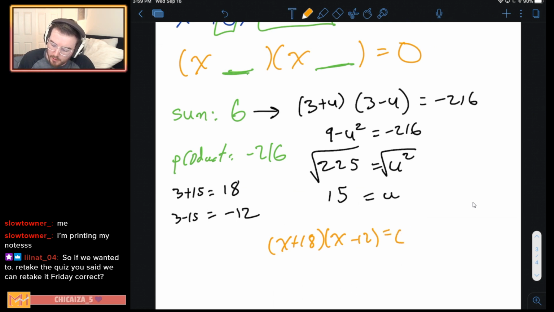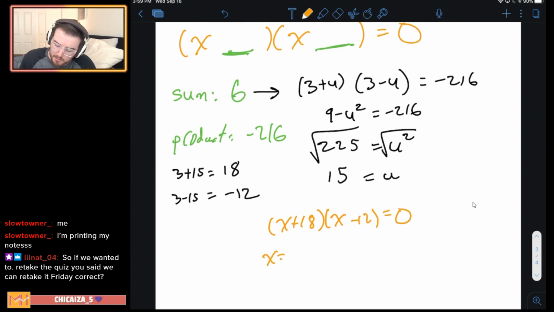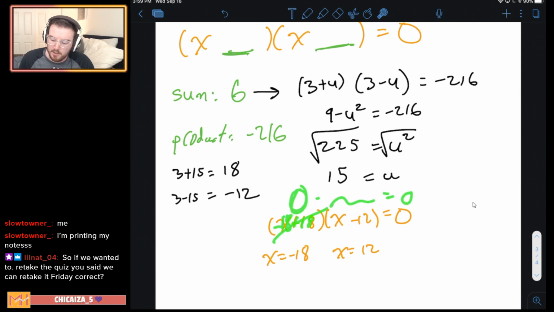And the result gives me two answers of negative 18 and 12. Because again, yes, these are my factors. However, when I plug negative 18 in, negative 18 plus 18 gives me 0. 0 times anything gives me 0, and it works.